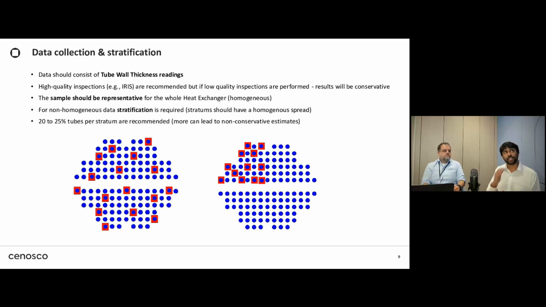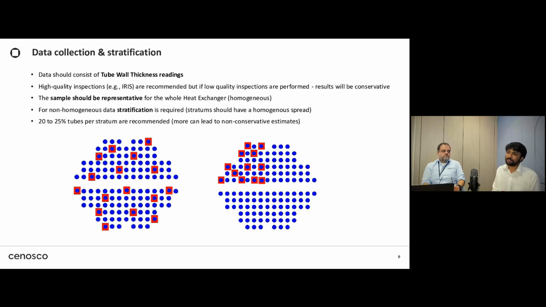One important primary aspect of the first step is to ensure that we have a homogeneous sample representation for your tube bundles. And here, as we know, we're typically interested in wall thickness results, so quantified results is what we're really interested in.